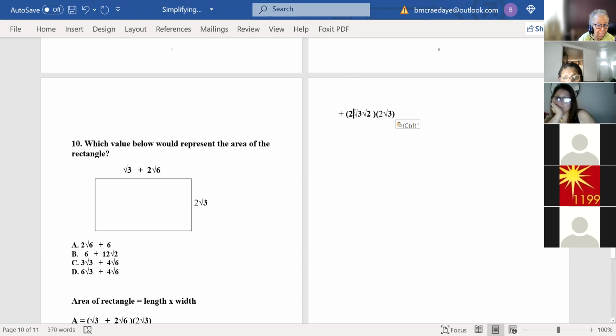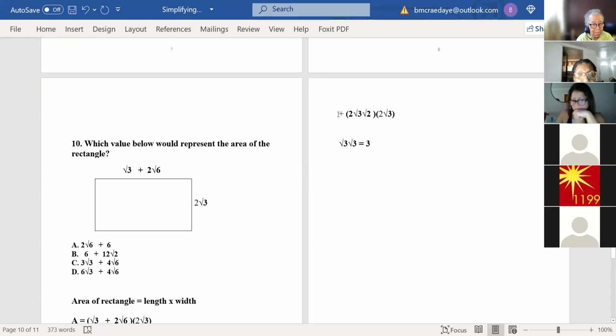Square root of 3, and I'll put this here, and square root of 3, and that's equal to 3, right? When a radical is multiplied by itself, it's just a number, because it's like 3 to the 1/2 times 3 to the 1/2 gives you 3 to the 1. So that takes care of the square root of 3 and the square root of 3.